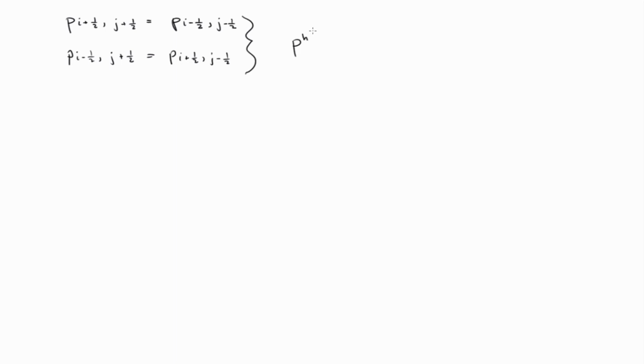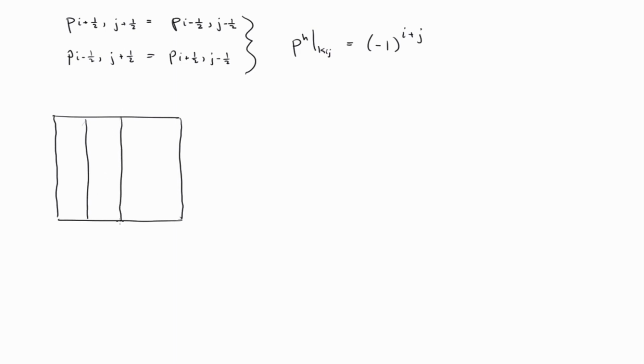The easiest way to write it is if you write P of H centered on an element Kij, the value of pH in that element would be minus 1 to the I plus J. Or, if we would actually look at what that is, and this is why the fact that H was 1 over an even number, because the solution is what?